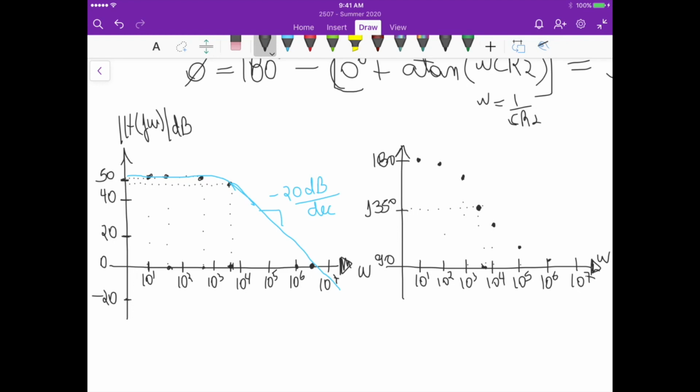Then 10 to the 6 we are closer and closer to 90. So this is the phase. Okay, this is the phase that we get. And if we keep increasing the frequency, eventually we will end up at 90 degrees. So we stay constant at 90 degrees.